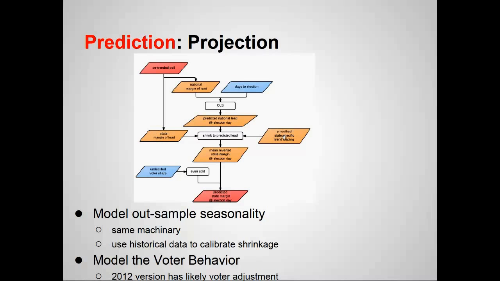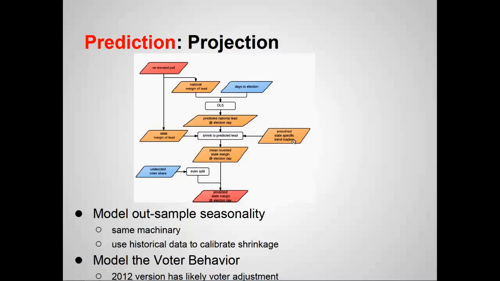So we will be borrowing the state-specific trend loading from the previous calculation, and we will basically, in the same way we did with the trendline adjustment, do a state-specific shrinkage to the mean.